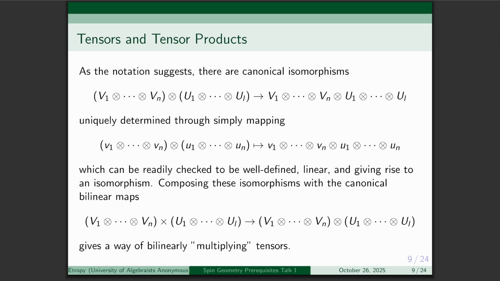Okay, so another important thing to note about tensors is that we can multiply them together. It makes a lot of sense because it's called a tensor product, and the notation is that of products, except with circles everywhere. But I can just formally take some tensor v1 tensor etc. tensor vn, and some completely unrelated tensor u1 tensor etc. tensor ul. I should say ul, that's my bad.